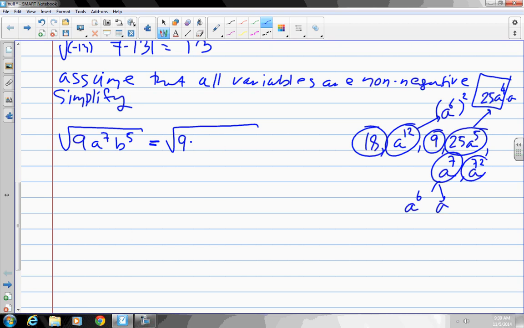Is a to the power 72 a perfect square? Yeah, because again, all you have to look for is the even power. Is a to the power 72 a perfect cube? Can you write a to the power 72 as something cubed?